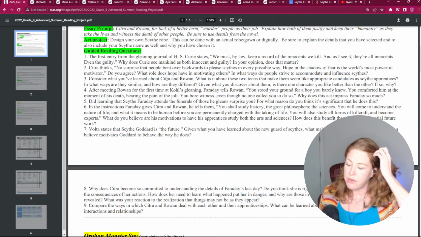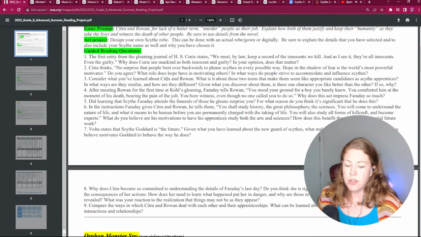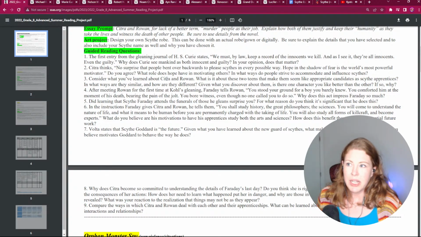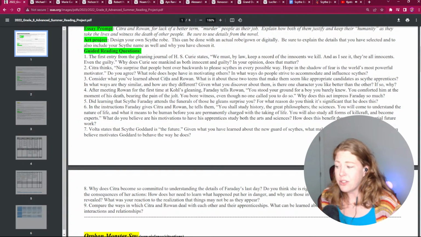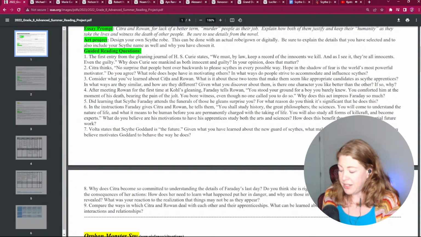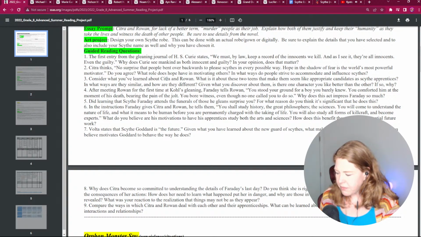So Faraday goes to Citra's house to eat dinner before he goes to glean her neighbor, but the way that Citra approaches him while he's there shows a lot about her character, right? I mean, she's kind of abrasive to him. She's asking him questions. She's not afraid to talk to him. She's kind of like short with him, right?